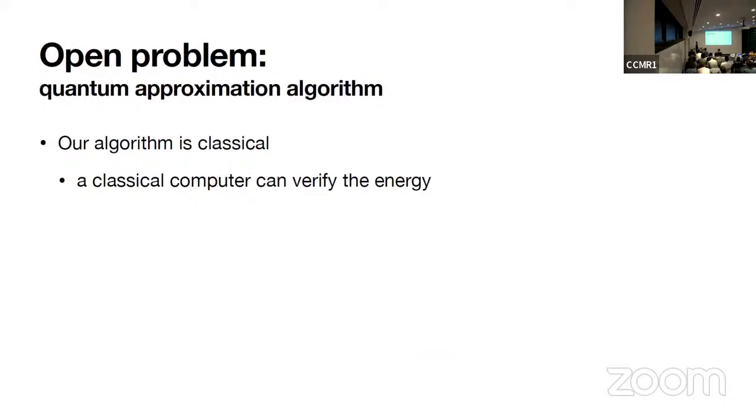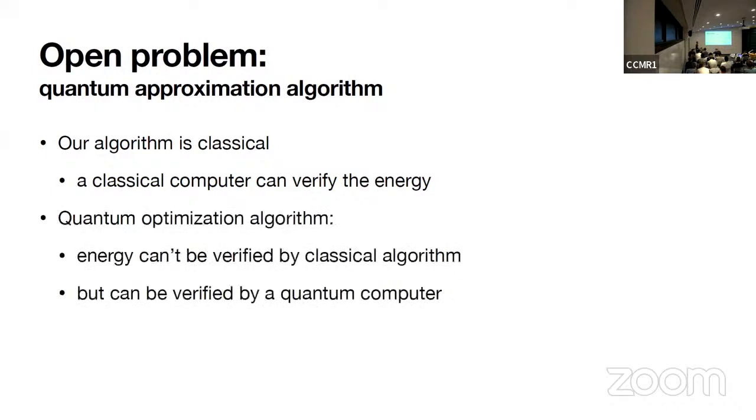Okay, so it's an open problem that I think is important, but our algorithm is classical, meaning that I give you this algorithm and say our algorithm outputs a state with energy 55. You can verify it with your classical computer. On the other hand, for a quantum optimization algorithm, the energy can't be verified by a classical algorithm, but it could be verified by a quantum computer.